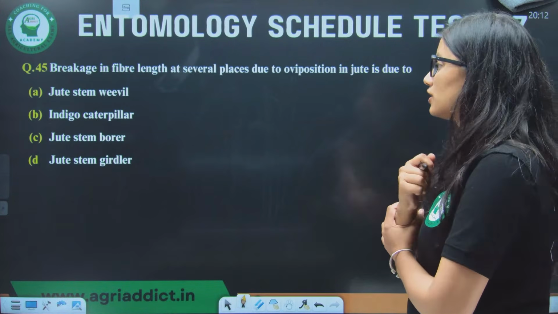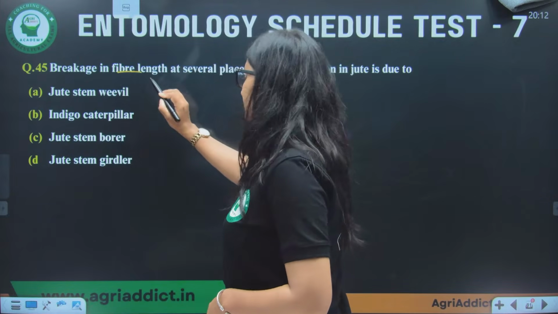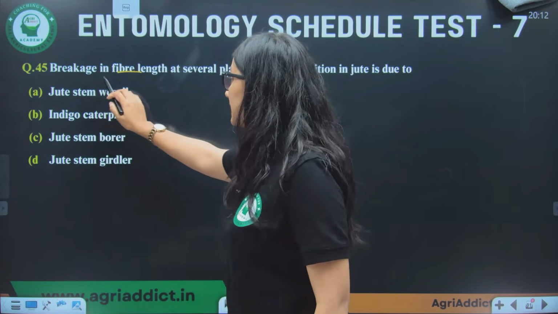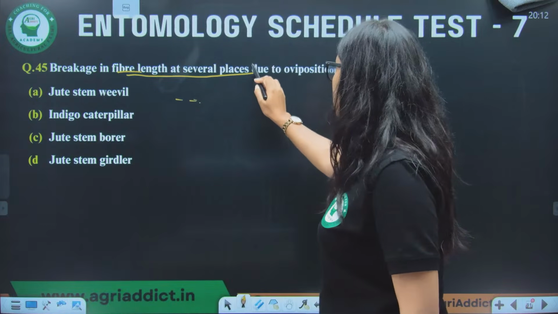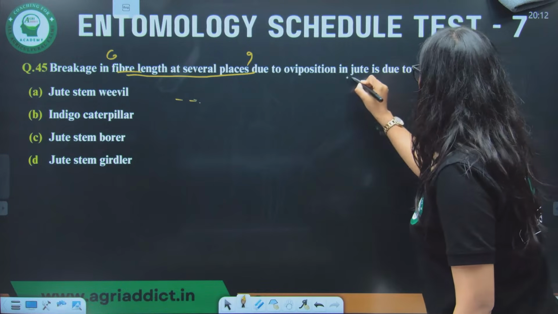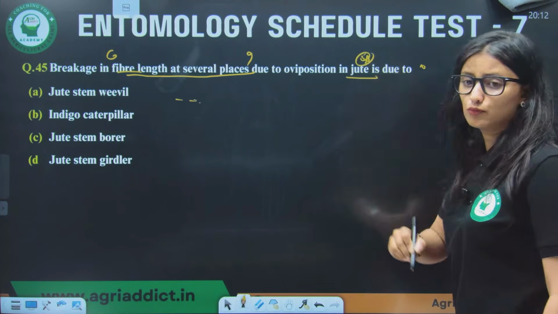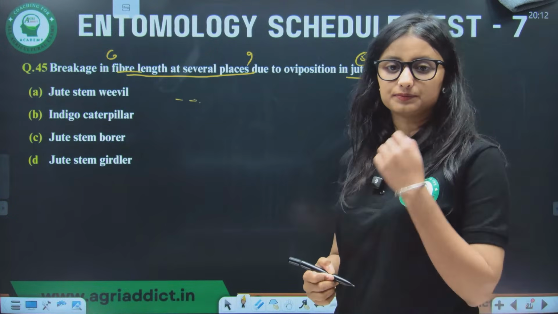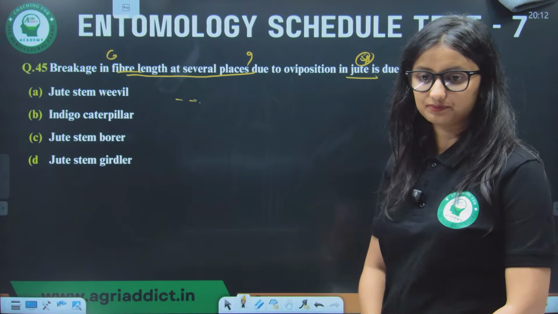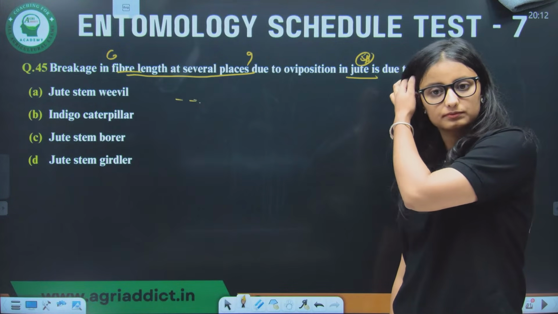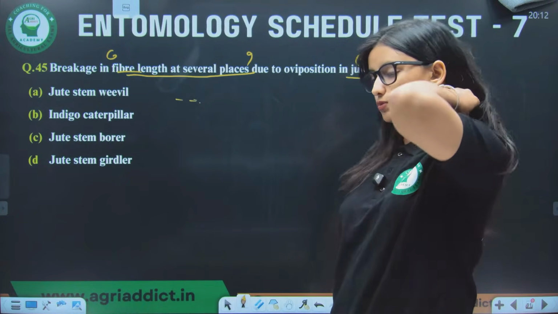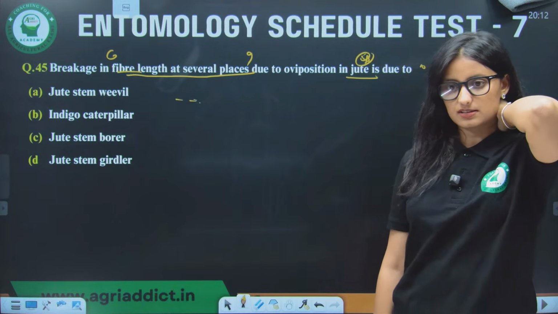Okay. So next is breakage in fiber length. Again, this is a typical symptom or typical character. Breakage in fiber length at several places due to oviposition in jute is due to what? What is the answer? Is it jute stem borer?